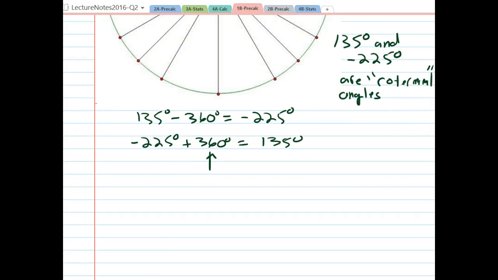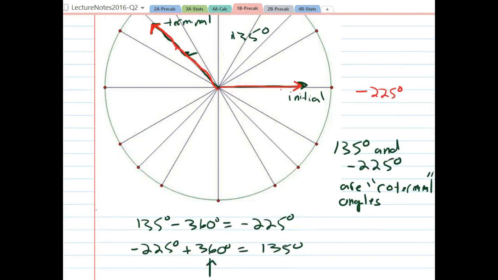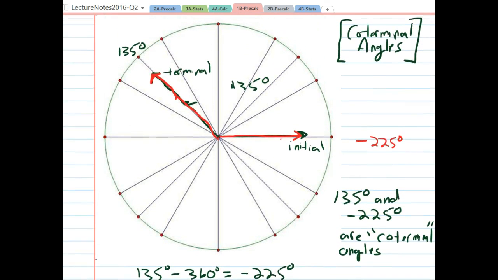In fact, we could come up with really an infinite number of coterminal angles to these two, the 135 and negative 225, because if I take the green side here, this 135 degree angle, and I do another 360 degree rotation, the terminal side will end up on the same line.